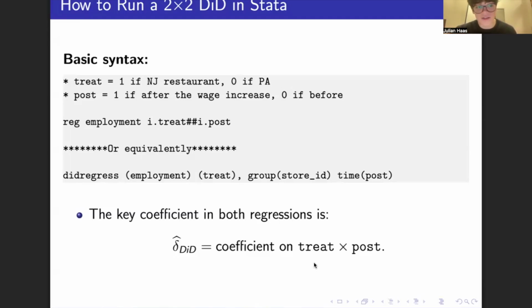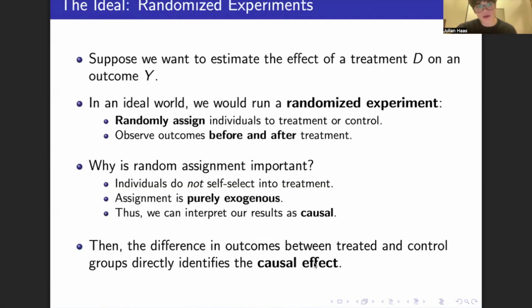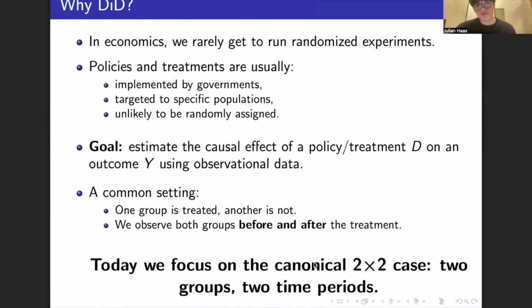That's all there really is to the diff-in-diff, a 10,000-foot overview. Just to reiterate one last time, I motivated this using an experimental design, saying, ideally we would randomize assignment, but in practice we can't do that, which can lead to some issues.